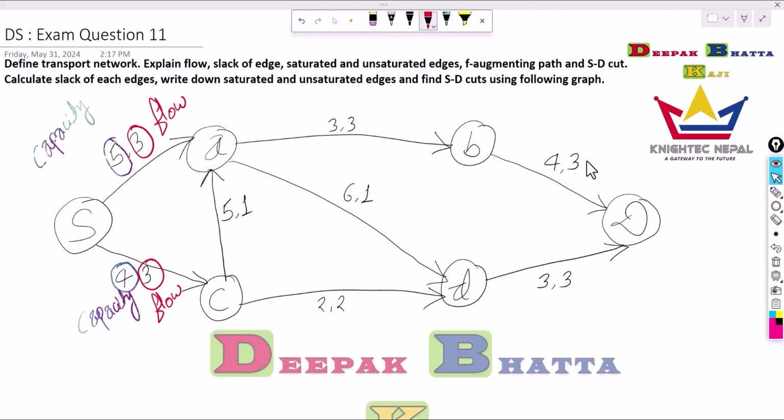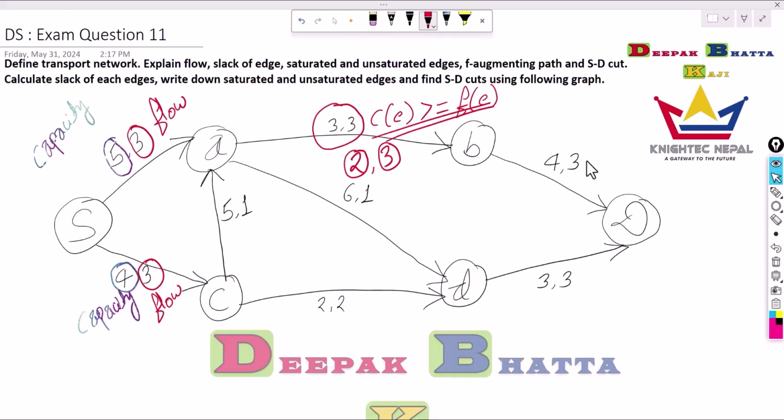One thing to be noticed is that we can have the same value for capacity and flow. So the capacity of an edge is greater than or equal to the flow of an edge. We can have the same capacity value and flow value, but not something like 2 and 3. This is your capacity, and this is your flow.